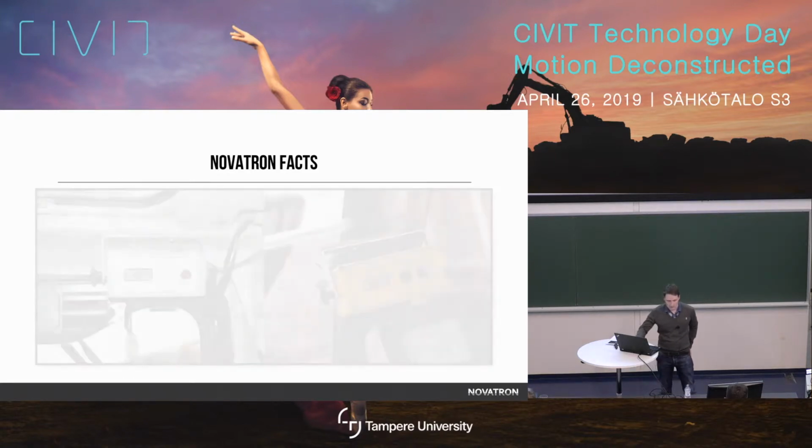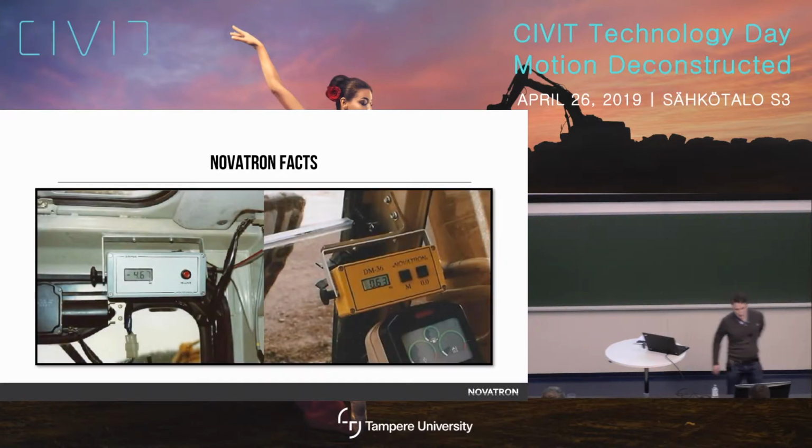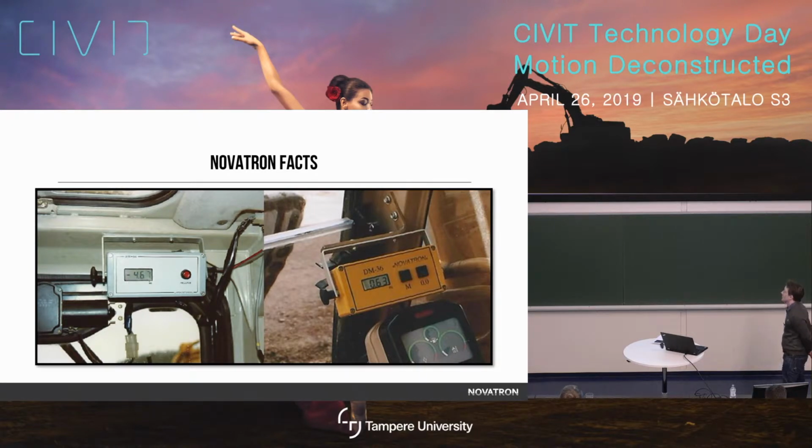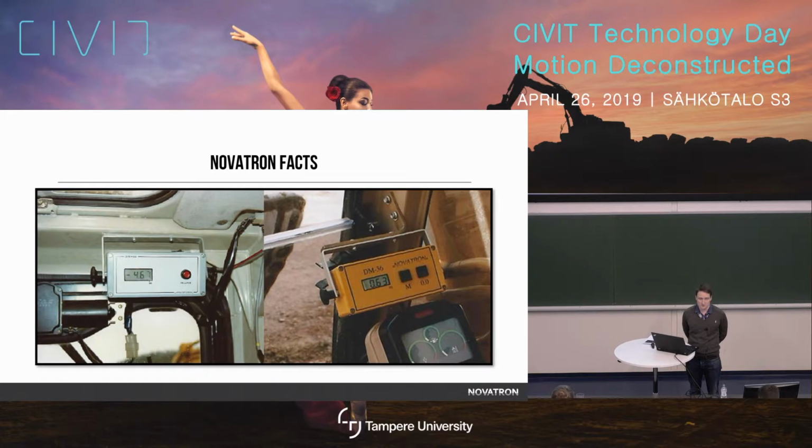And just to give you an idea where everything actually started, on the left side, you can see, well, not the first product, but one of the first products provided by Novatron, which is the depth measurement device for excavators. So basically, this does similar stuff to the new system, but just showing one figure.